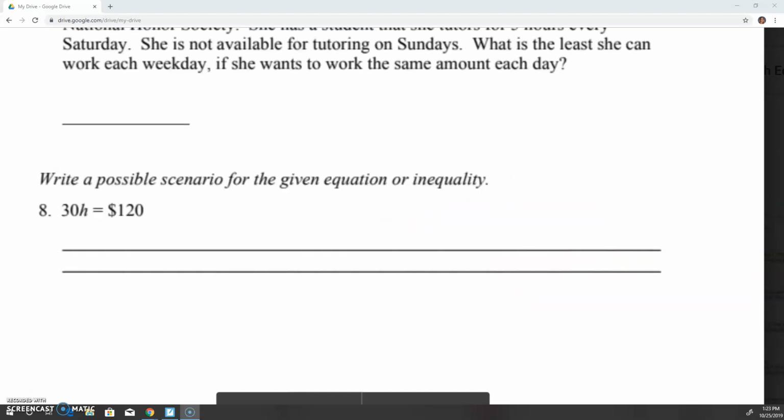So in this, you have to write your own word problem. Does anybody have a word problem that would fit that? Anybody want to volunteer? A word problem for 30 times H equals $120. She has to work 30 hours. Okay, so she works 30 hours.